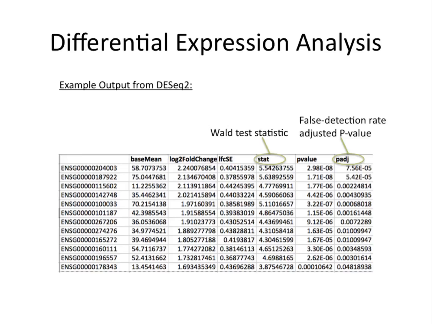You also receive the output of the Wald test statistic, the p-value, and a p-value adjusted for a false detection rate, or FDR. We'll touch more on FDR in a bit.